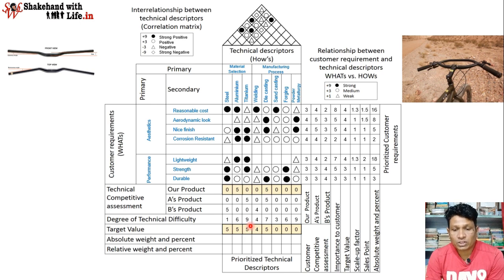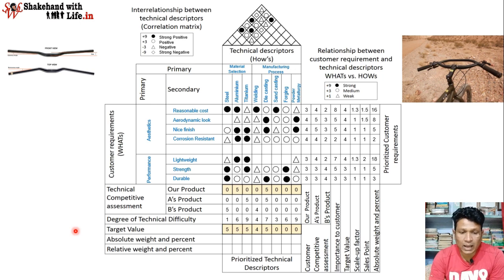And in manufacturing processes, for welding it is 0 to 4, so there is a requirement of improvement. For die casting there is no requirement of improvement because it is 5 to 5, and the rest of the processes have no requirement of improvement because they are 0, 0, 0 in the technical competitiveness section, and in the target value section we have again 0, 0. So there is no requirement of improvement in these processes.